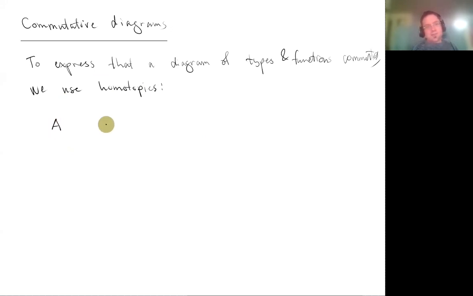You have three types, let's say A, B, and X, and three functions: F from A to X, G from B to X, and H from A to B. Then we would like to say that this diagram commutes, which is just a way of saying that no matter where you start and you follow some arrows, you end up in the same place. But of course, that might be some extra structure, and that extra structure is given by a homotopy.